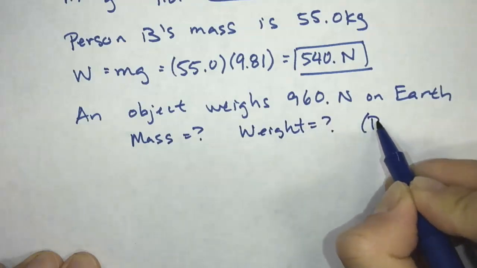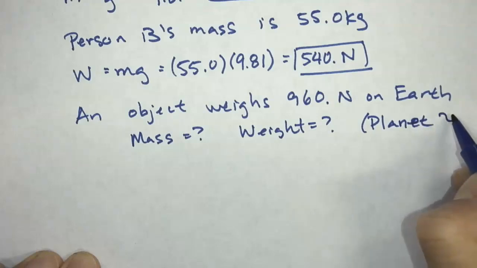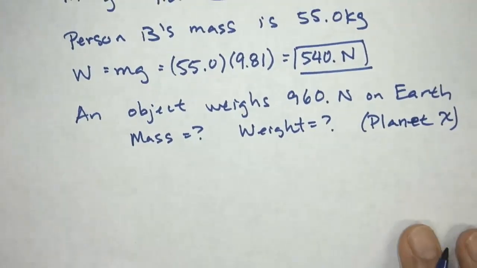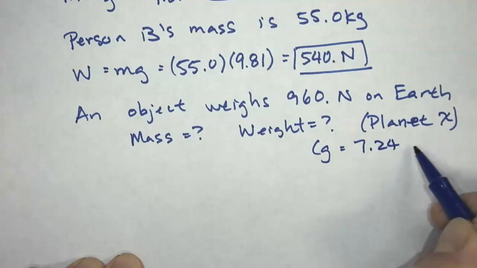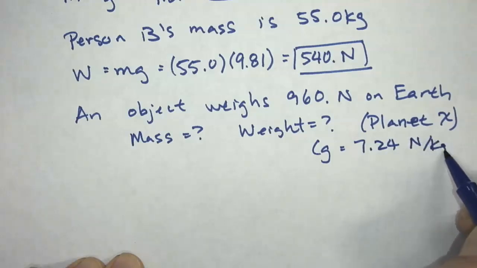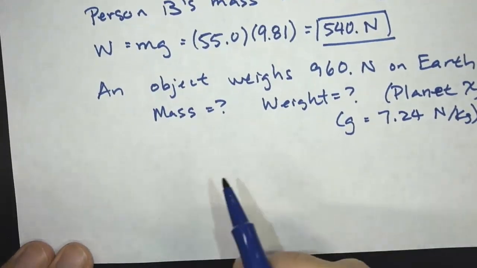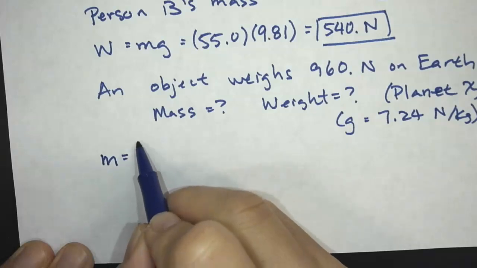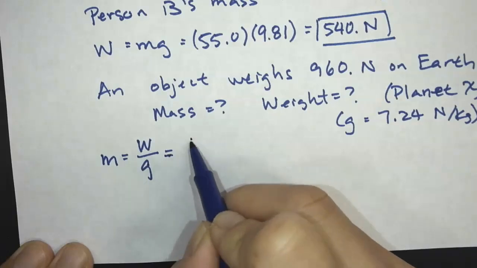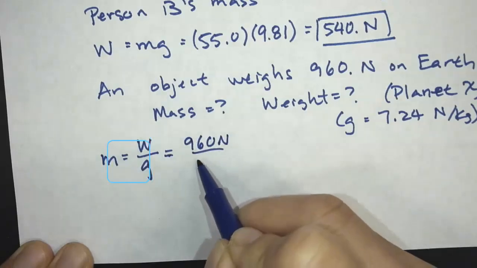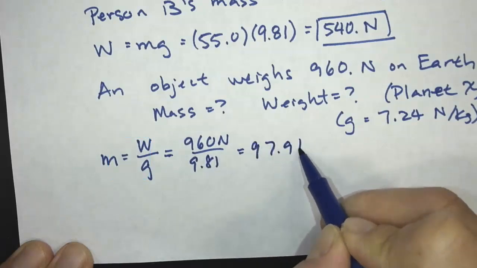We're looking at an imaginary planet, planet X, and we're given that planet X has a gravitational field of 7.24 newtons per kilogram. To calculate the mass, we're going to take the weight divided by g. So the weight is 960 newtons divided by 9.81, and we get 97.9 kilograms.